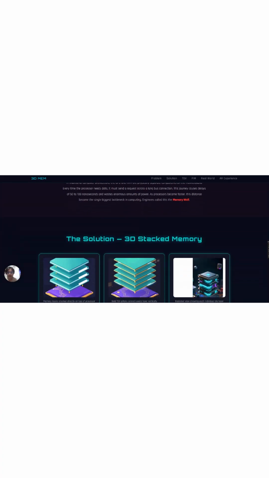So now we get to our solution. How did we solve this? We thought, why should we place them centimeters apart? We can just stack them. In the image, the purple part is the processor, and the four chips above are DRAM connected to it in a stacked way.